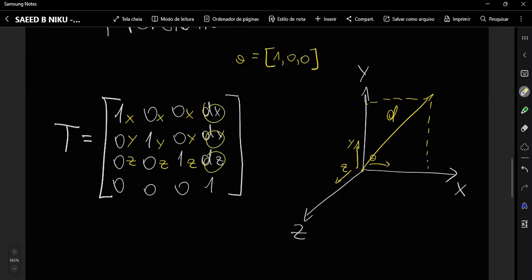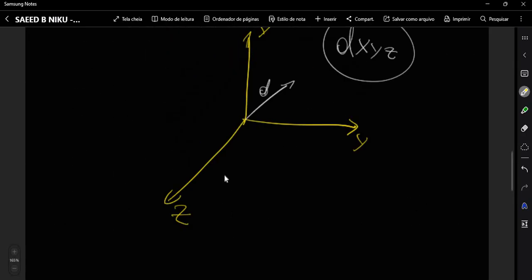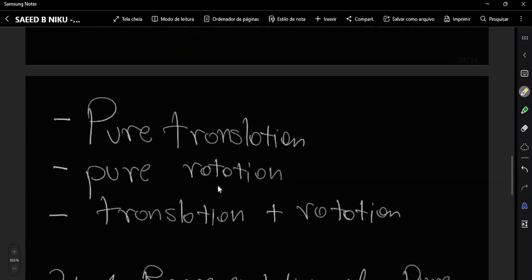Okay. So what I wanted you to understand here is that these columns represent the movement of a vector or an object that can be a rigid body or even a referential.